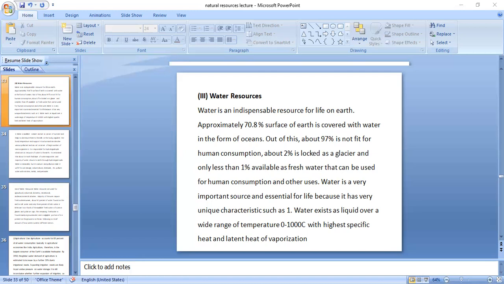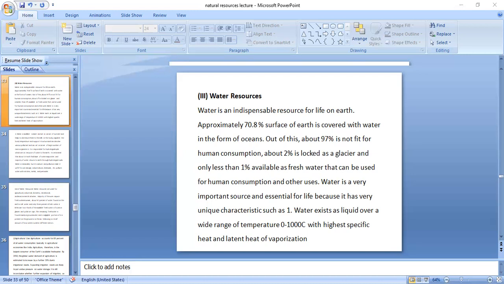So, if we think of the dam, then definitely we can reduce floods, we can reduce the impact of floods, we can reduce soil erosion, we can reduce soil depletion, and we can improve the vegetation also.